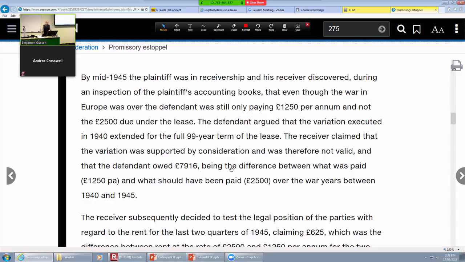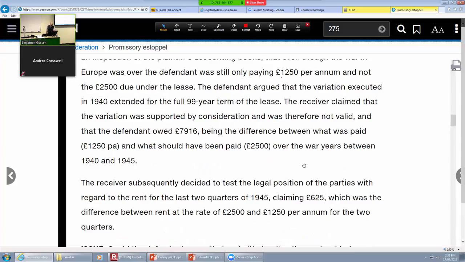So they discovered during an inspection of the plaintiff's accounting books that even though the war in Europe was over, the defendant was still only paying $1,250, and not the original $2,500 due under the lease. So the defendant argued that the variation executed in 1940 extended for the full 99-year term of the lease.